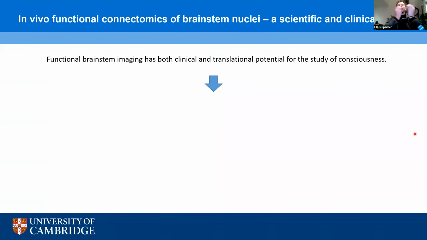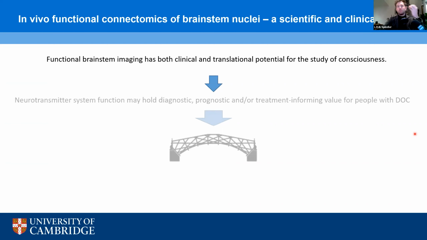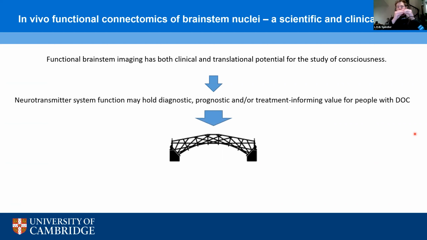And I think this is a bidirectional translational potential. And we should really not underappreciate how much that can do and how that can help us come up with frameworks and biomarkers that have diagnostic, prognostic, and treatment-informing value for people with DOC.